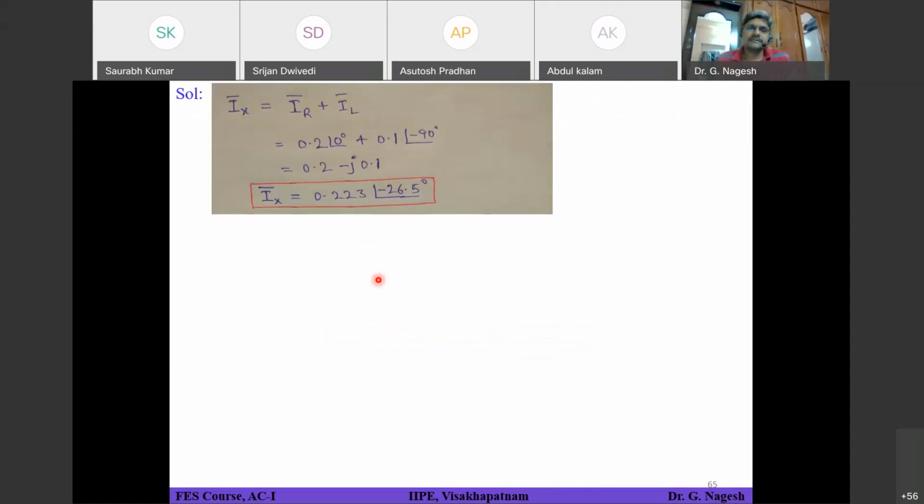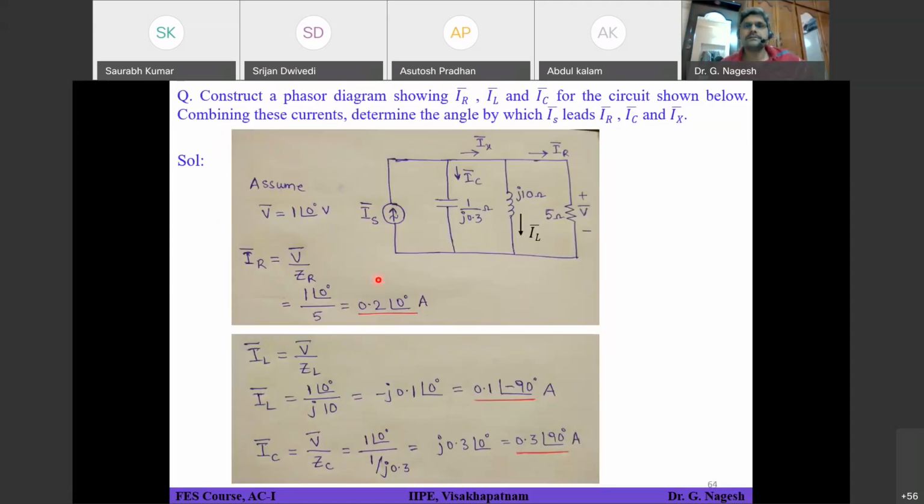Next they are asking: determine the angle by which IS leads IR, IC and IX. How much is this source current IS going to lead with respect to IR, IX and IC?